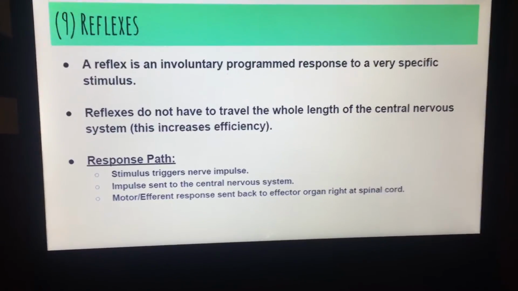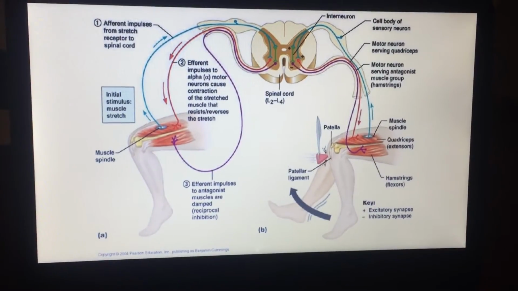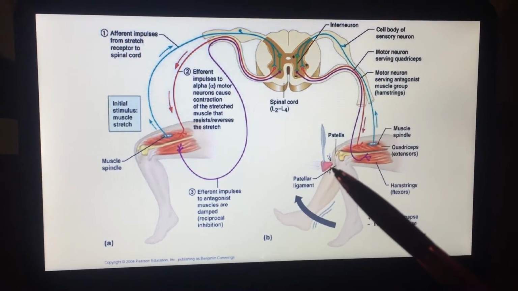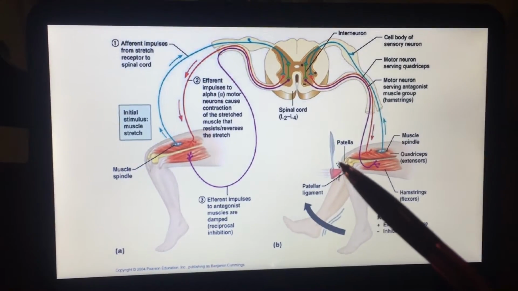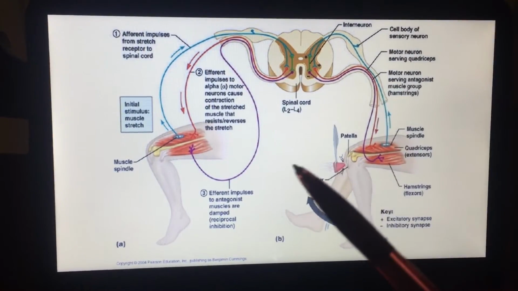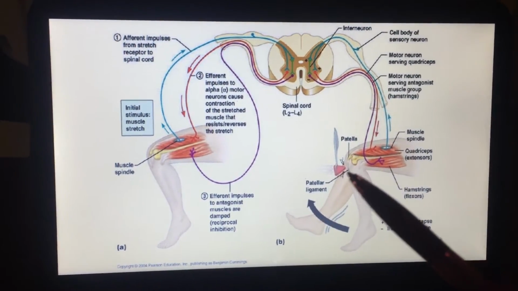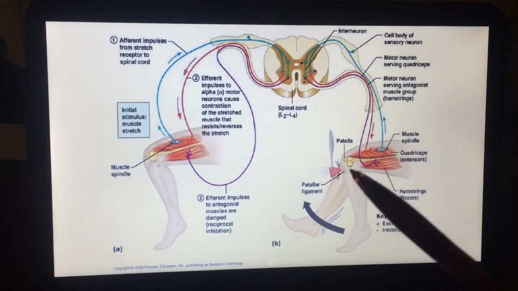So let's look at a diagram of this. The typical one we're familiar with is probably at the doctor's office when you have been smacked in the knee. You probably hated your doctor for a second for that. Maybe that's just me. So when your doctor smacks you in the knee here, he's actually hitting a bundle of nerves. The pre-programmed reflex here for these nerves is a kicking motion.